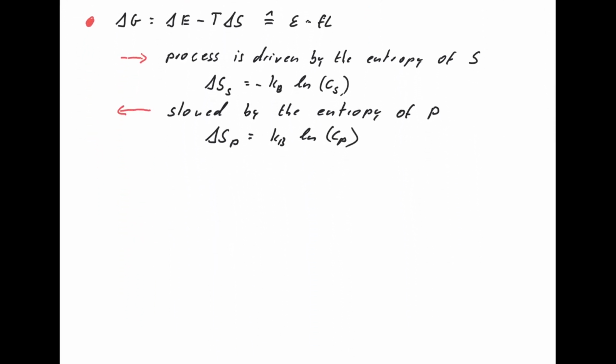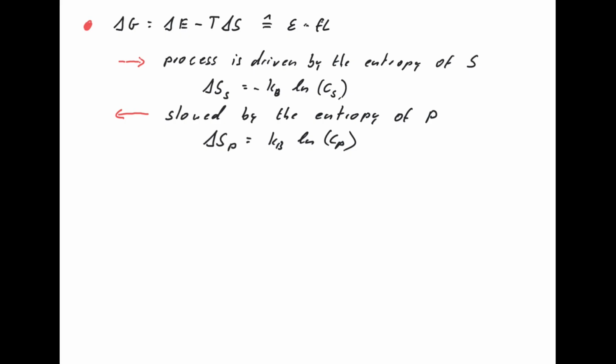Now let's put all these ideas together. We saw that the enzyme motor can be viewed as a motor that is walking in an energy landscape. The energy is given by delta G equals delta E minus T delta S, which equals delta E, the amount of energy in the chemical reaction, minus kBT times the log of the concentration of the substrate.